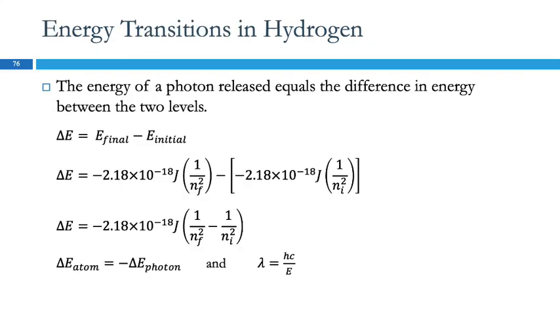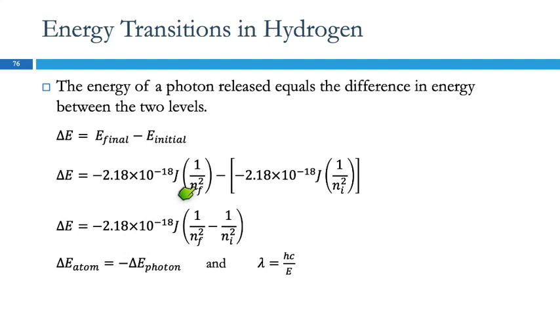So we can look at the energy of the photon that's released as the difference in the energy levels. So this change in energy is equal to the final energy of the electron minus the initial energy. And we could calculate that using negative 2.18 times 10 to the minus 18th joules times 1 over n squared, where n is the principal quantum number of the electron.